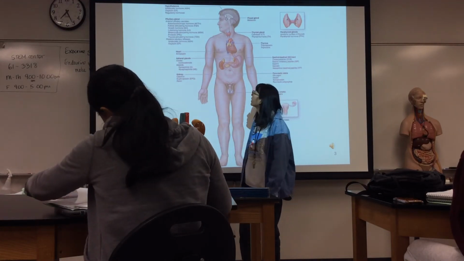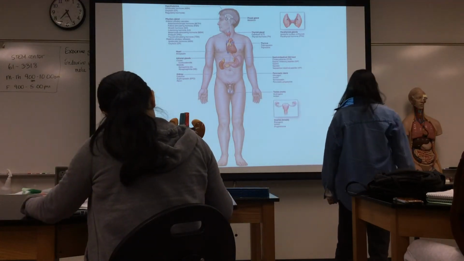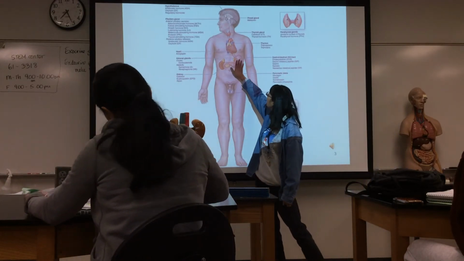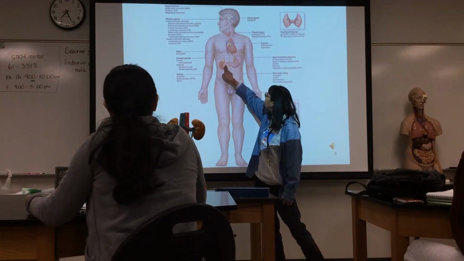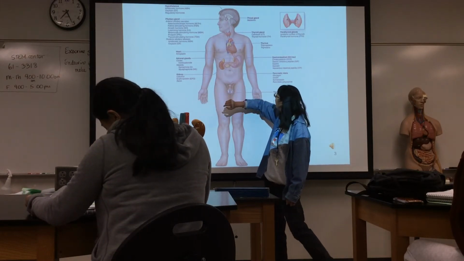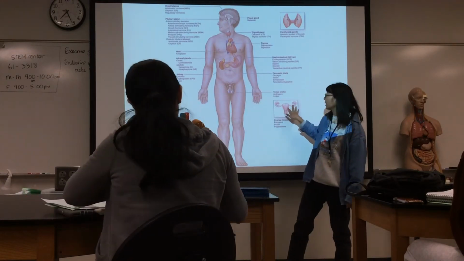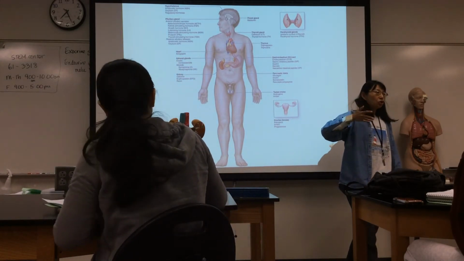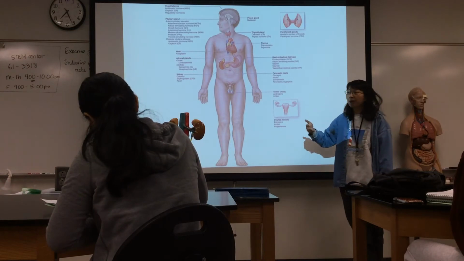Then the second question I asked you was name a gland in the abdominal pelvic cavity. Agree? So that includes the pancreas, the testes, and the ovaries. Pick your pick, and then whatever you choose, you should give me the hormones made by those glands.